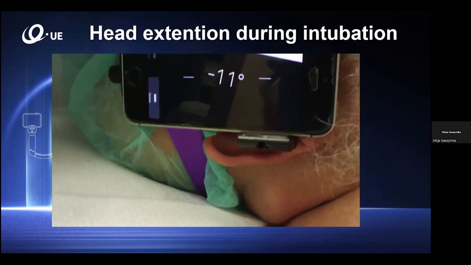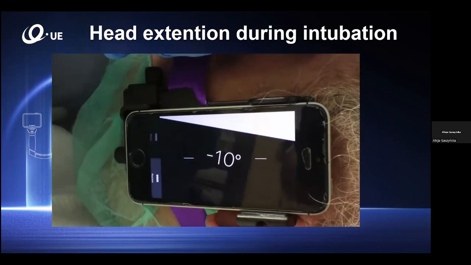You can say it's not very big, but if the patient has reduced neck mobility, or we want to avoid some neck movement, it is very important to have a device that provides intubation with a very small head extension.